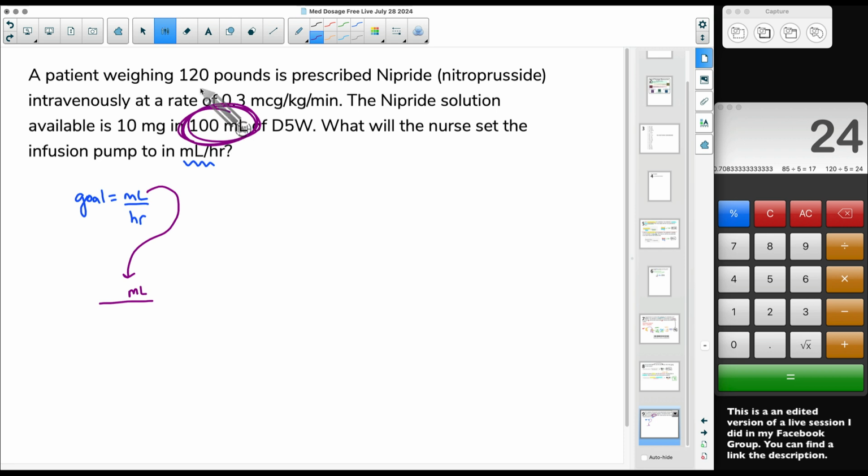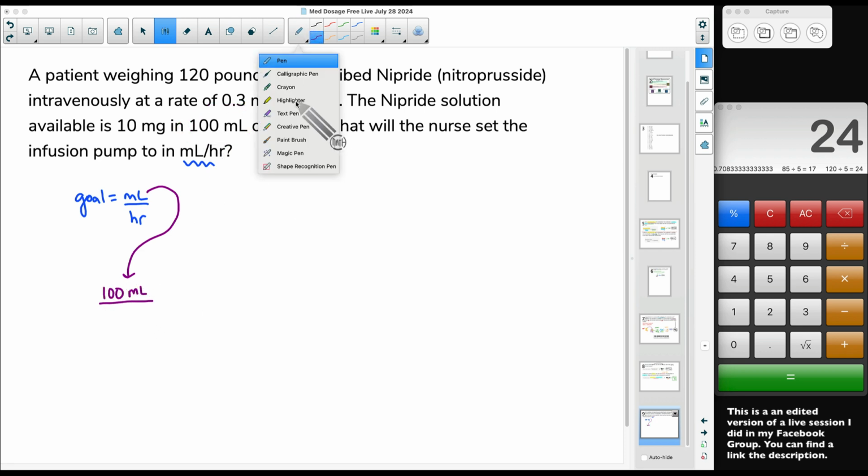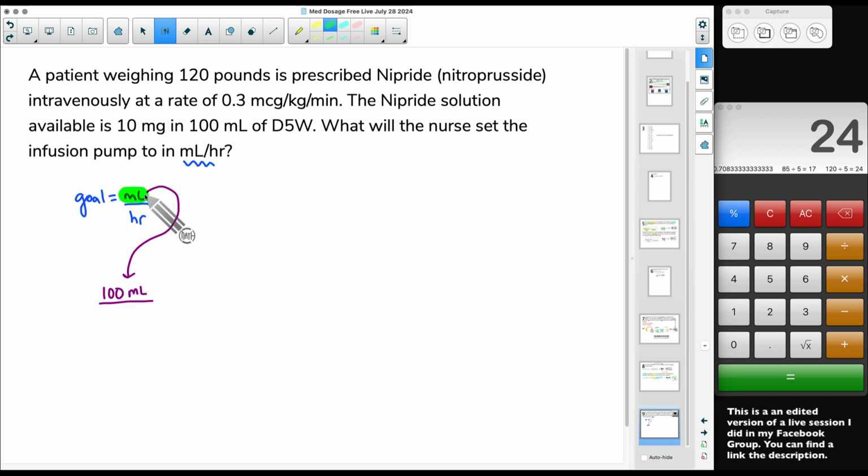There's a whole bunch of numbers up here. We don't know what to use. Well, I'm trying to show you what to use. We need milliliters. This is the only thing that mentions milliliters. So I'm going to put that 100 at the top because our goal, we need milliliters at the top, y'all. So what do we know about these 100 milliliters?